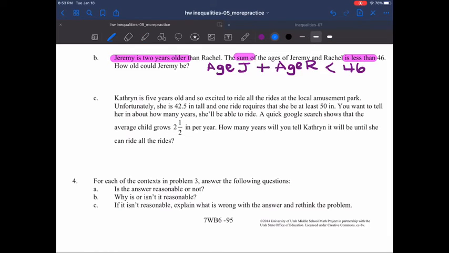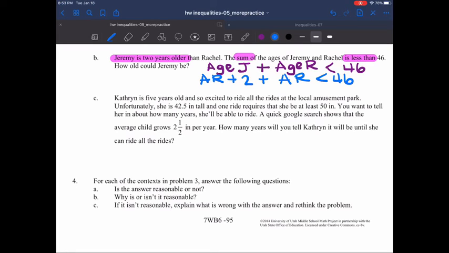So instead of writing the age of Jeremy, I'm going to write the age of Rachel plus 2. And that's the same thing as the age of Jeremy. And then I need to add the age of Rachel again, because we have to add Jeremy's age plus Rachel's age, and that's less than 46.